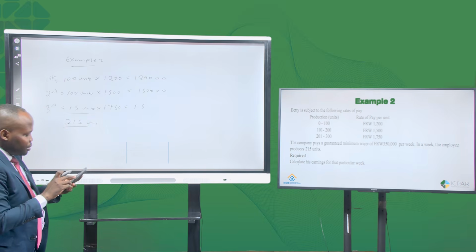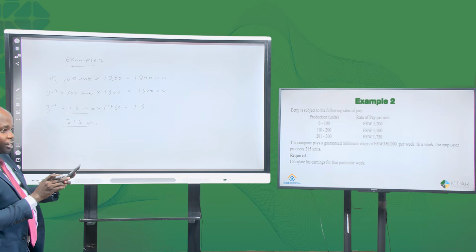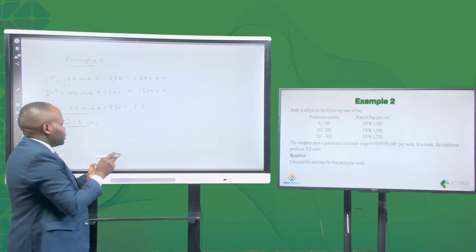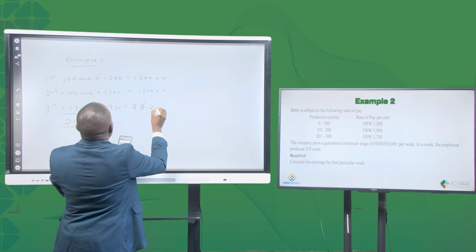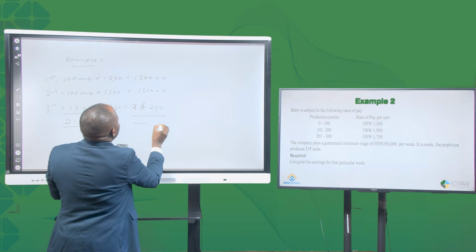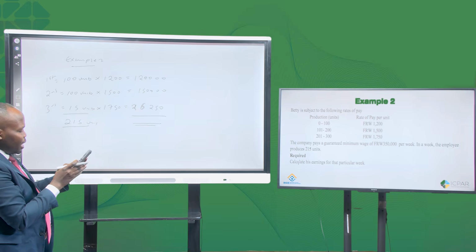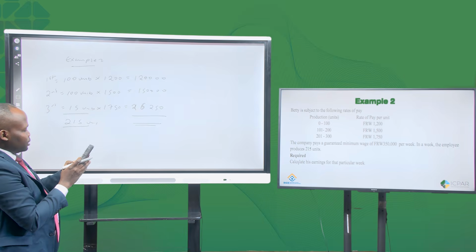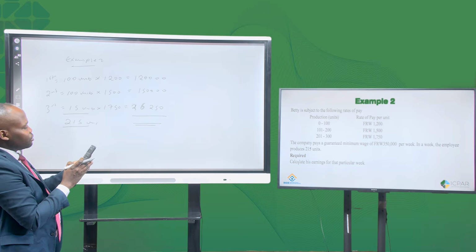We have 15 times 1,750. 26,250. To give us the total pay is 120,000 plus 150,000 plus 26,250.